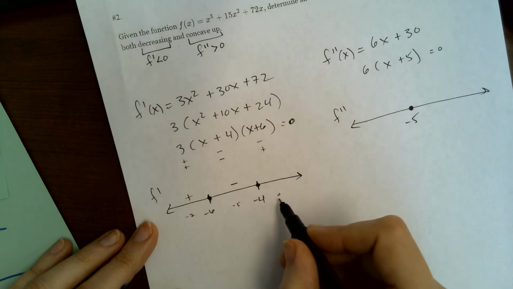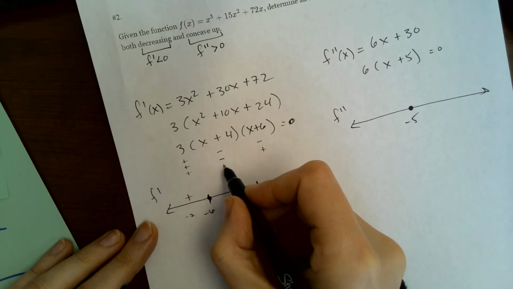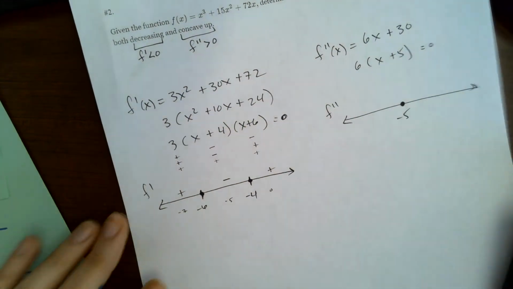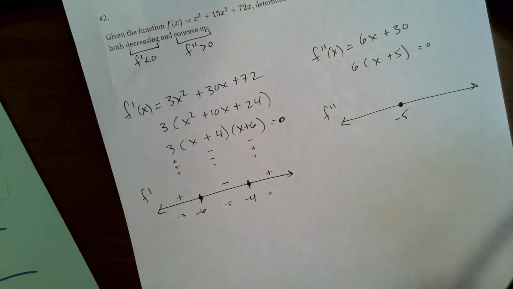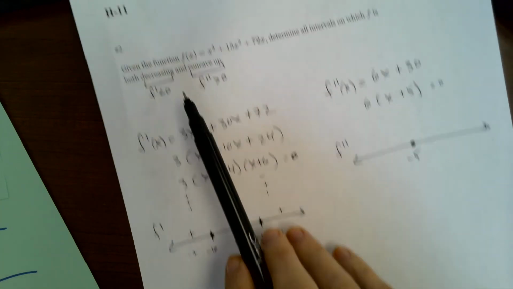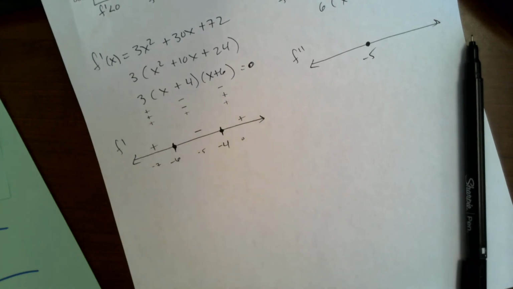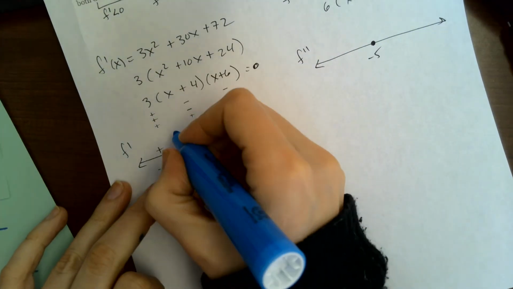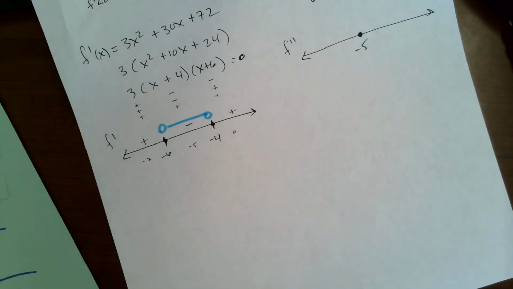So that's negative. 0: always positive, positive, positive. So positive. All right. So where f prime is less than 0, that is going to be right there, that interval.